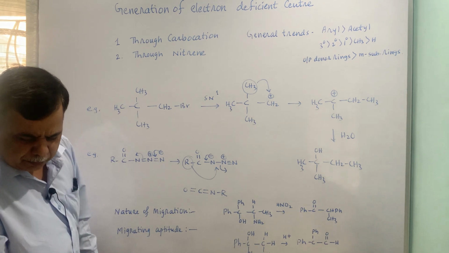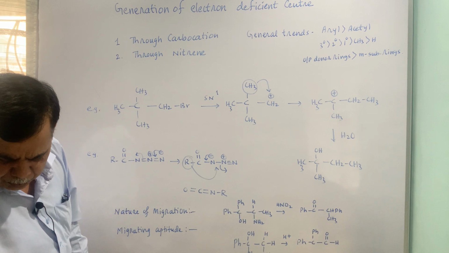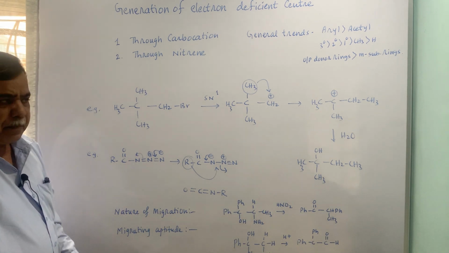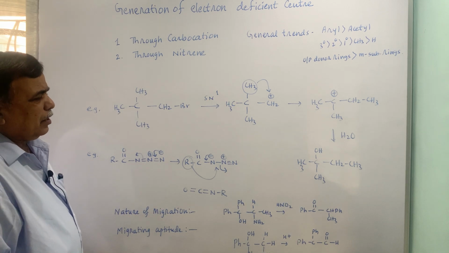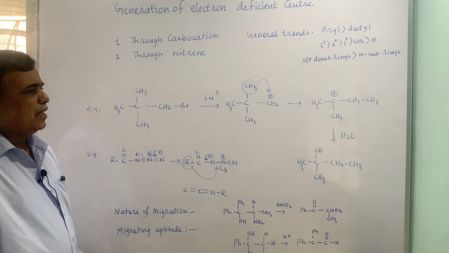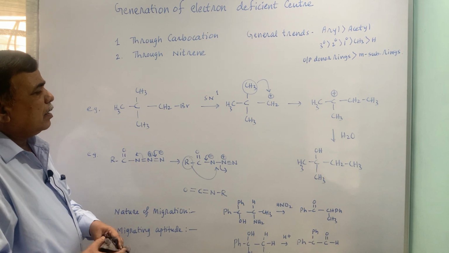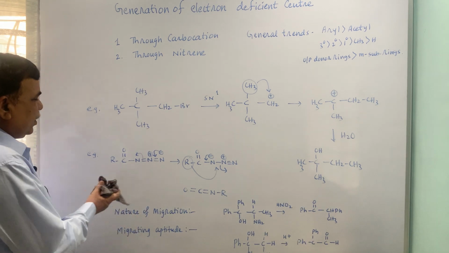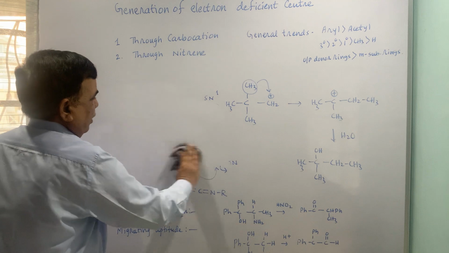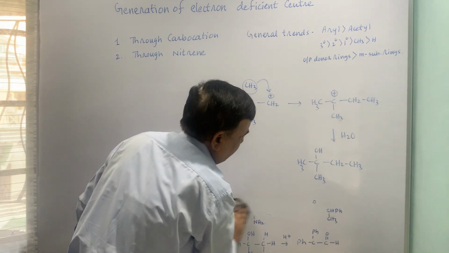Now, we will come back to the example part, and today we will see some examples wherein the carbonium ions are formed and the rearrangement occurs within the substrate, that is, intramolecular rearrangement. And of course, these are some illustrative examples of the rearrangement at electron deficient carbon.